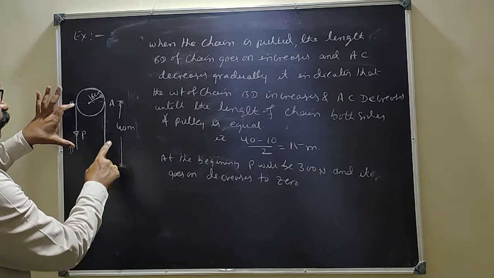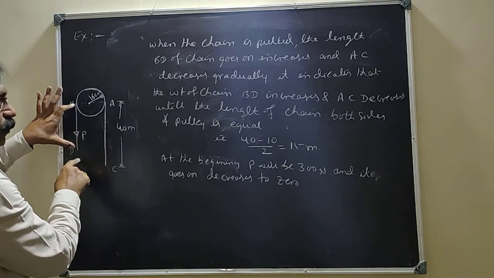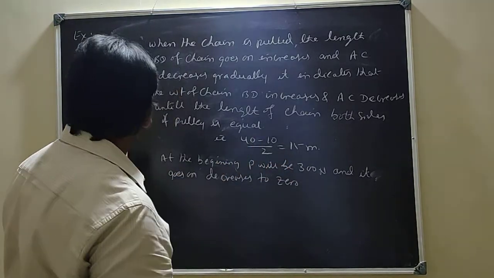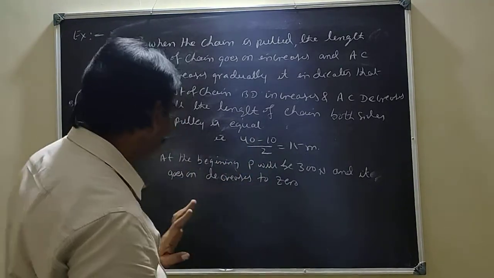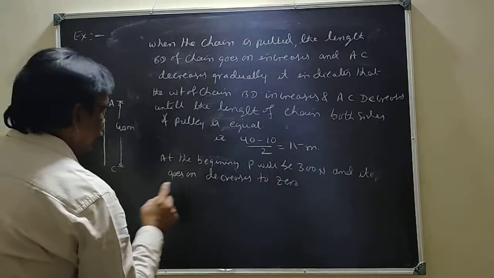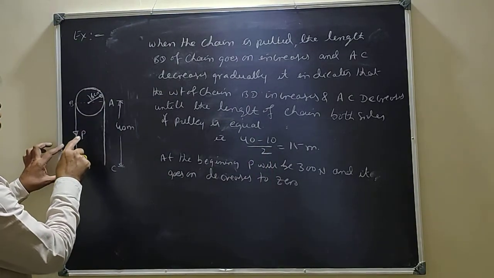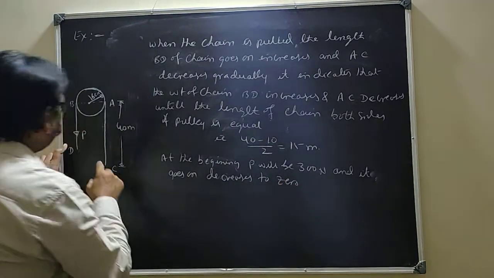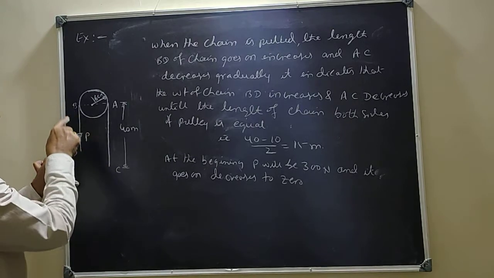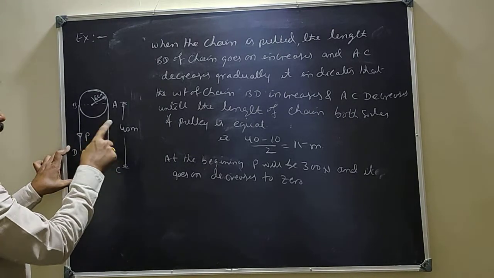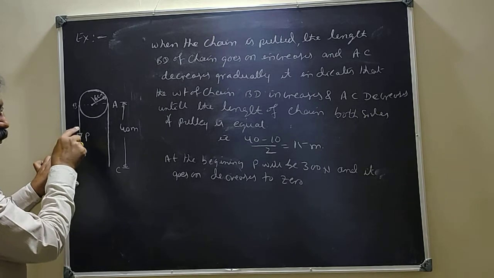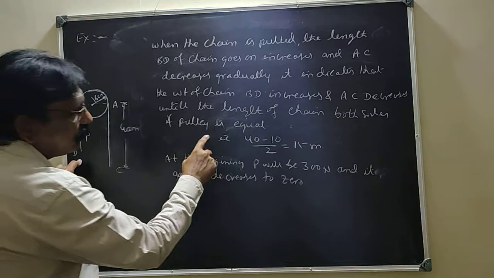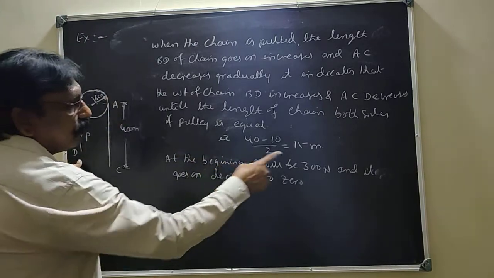So now 15 is to be raised on this side, so that 15 will be brought downward. So net movement of the chain is 15 meter. So at the beginning we are going to apply the force P equal to 300 Newton, and it goes on decreasing as the weight on this side increases and weight on the other side decreases. So the force has to be decreased, and it goes to 0 when both the sides are equal, at 15 meters.